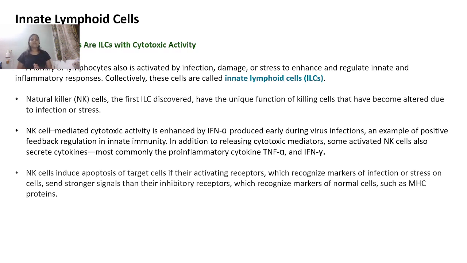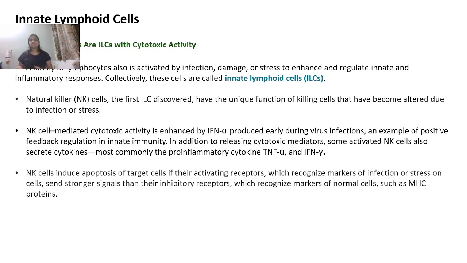They can induce apoptosis of target cells if their activating receptors recognize this infection or stress on the cells and send stronger signals than their inhibitory receptors, which recognize markers of normal cells such as MHC proteins.